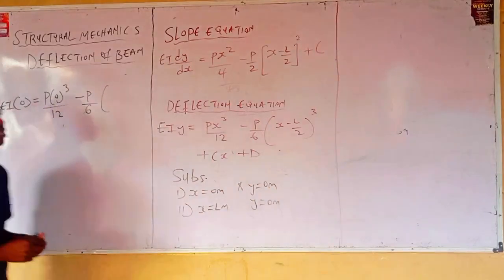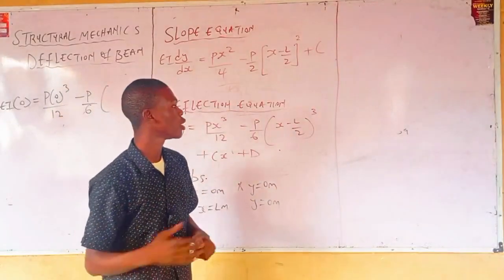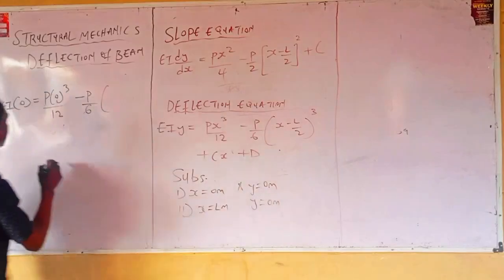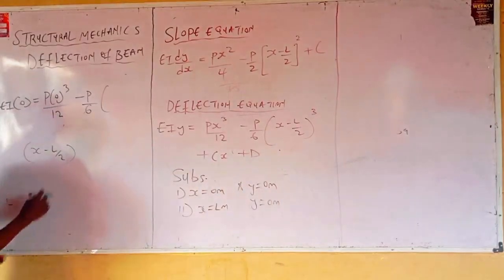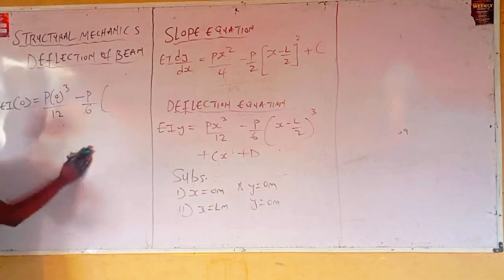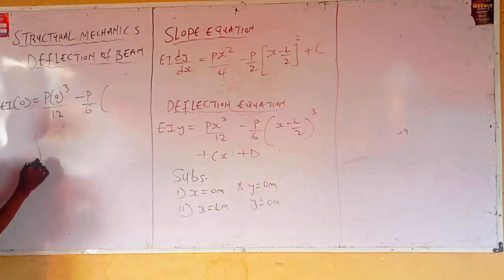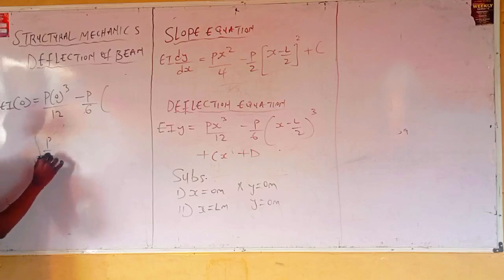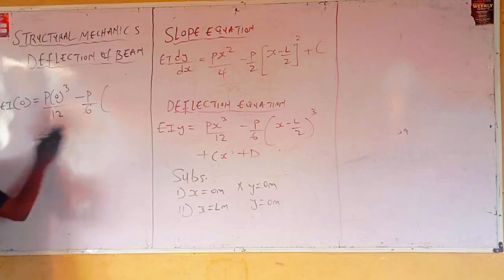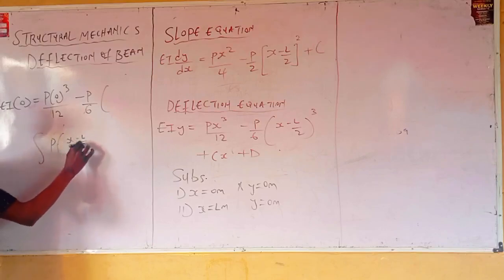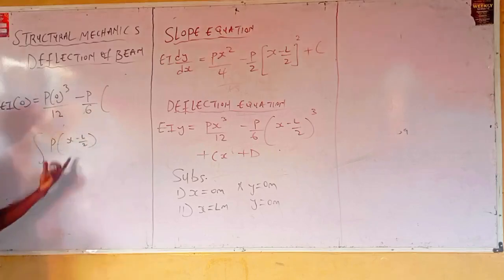Earlier when we integrated x minus L over 2 as a whole, recall when we have the integral of P all into brackets x minus L over 2, we are integrating with respect to x.